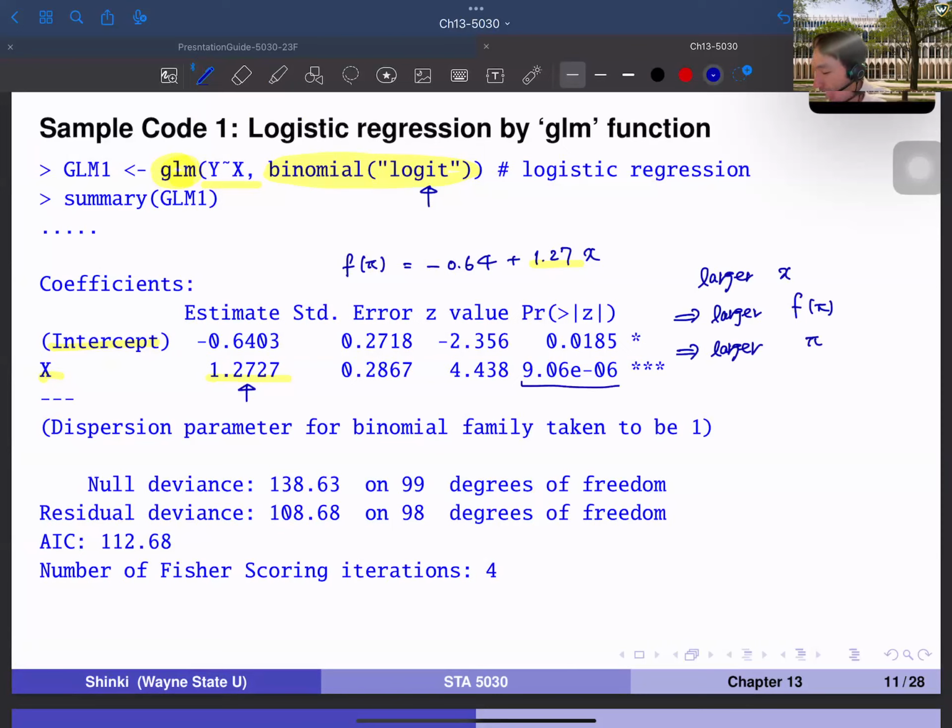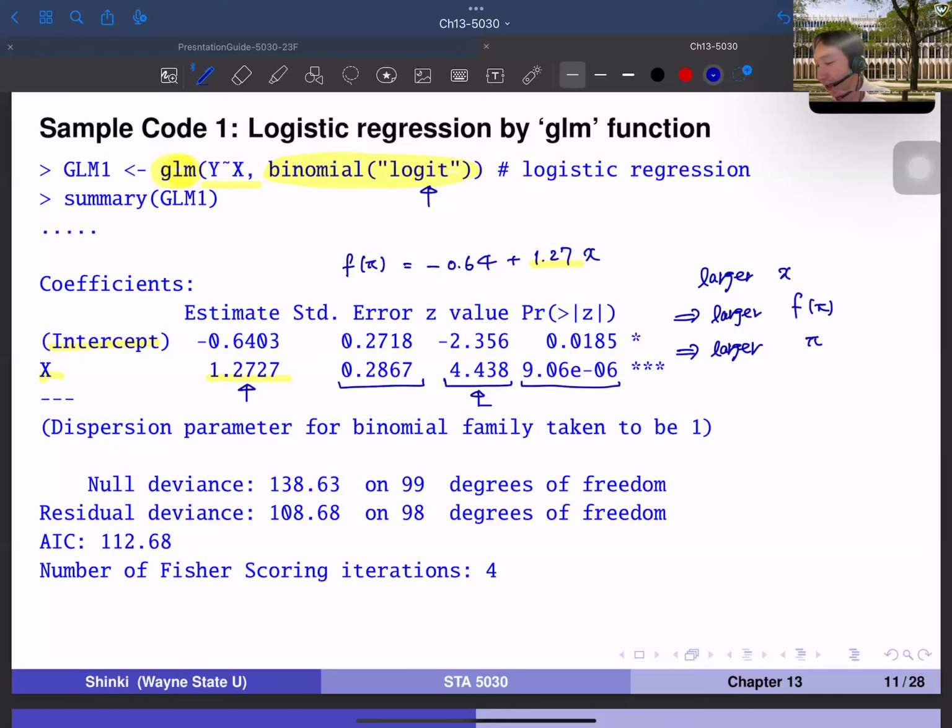You can also see the standard error of this estimate and the z value. In linear regression, this is called the t value. But in logistic regression, since the likelihood function is very complicated, the approximation by the t-distribution does not apply.